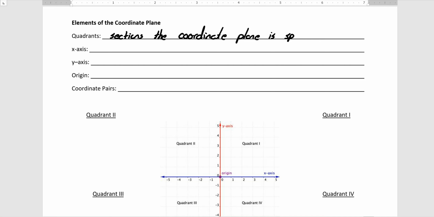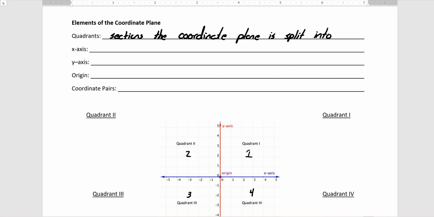There's quadrant 1, quadrant 2, quadrant 3, quadrant 4. Quadrant 1 is in the top right, quadrant 2 top left, quadrant 3 bottom left, and quadrant 4 is the bottom right. It kind of makes a C if you follow it 1, 2, 3, 4 all the way around. That's how I remember that.